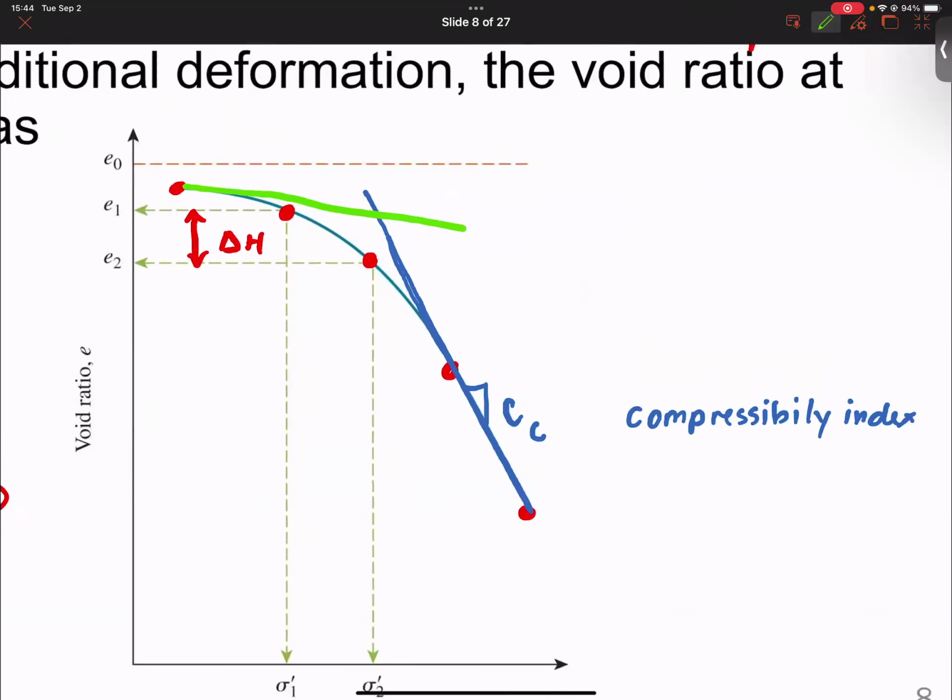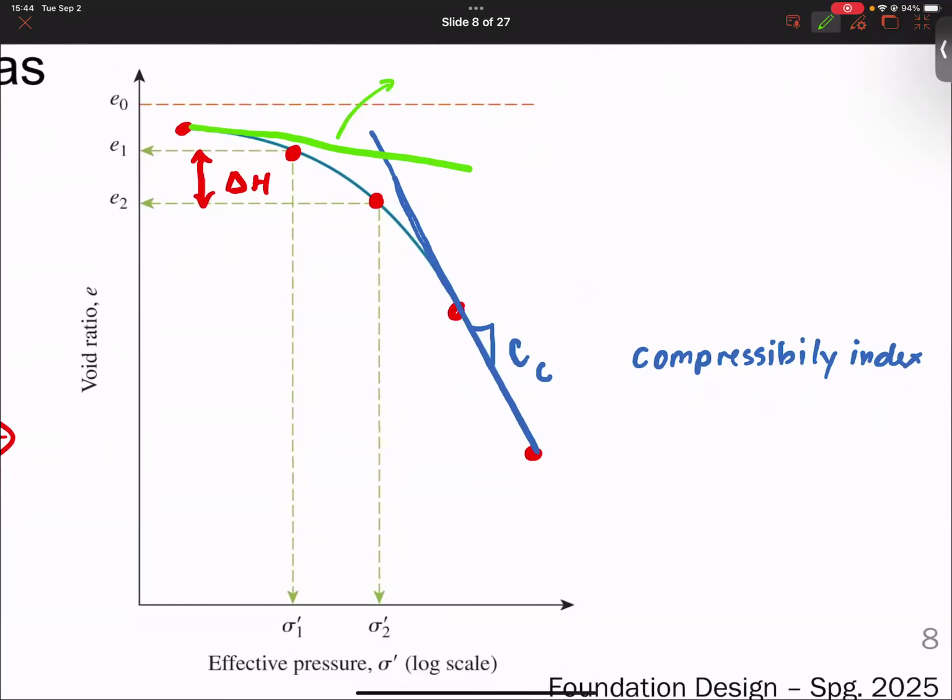And that slope there is called the recompression index, or the swell index. That's shown by CR or CS. So essentially the same thing.